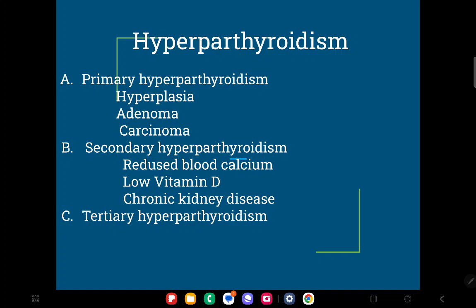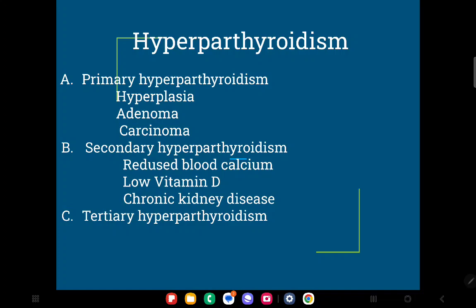The most important cause of secondary hyperparathyroidism, we said, is chronic kidney disease, and usually this is associated with low calcium level, and it will cause feedback on the parathyroid, and it will secrete parathormone. These are the two types which are common.